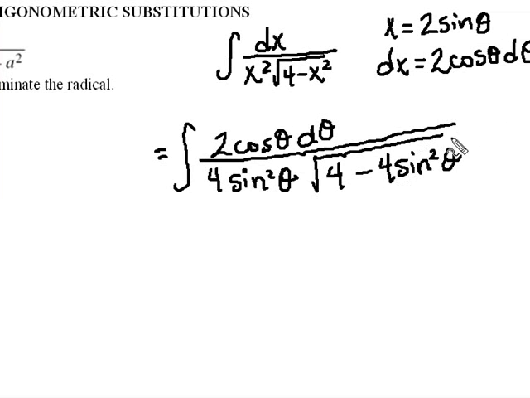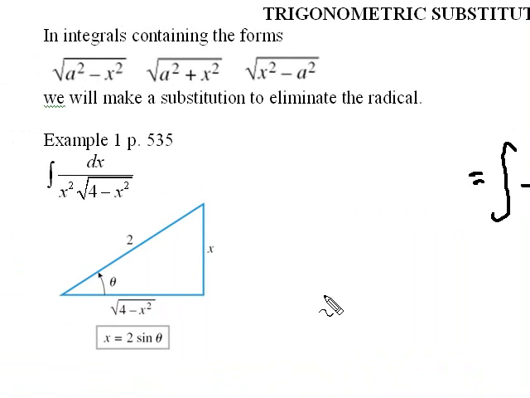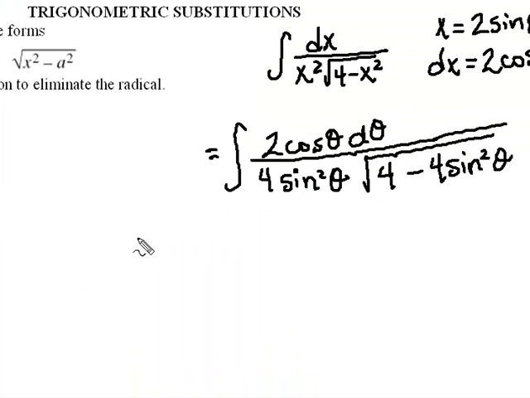Okay, so let's simplify as much as we can here. Under the radical, I see that I have a factor of 4, so I'm going to go ahead and pull that out.